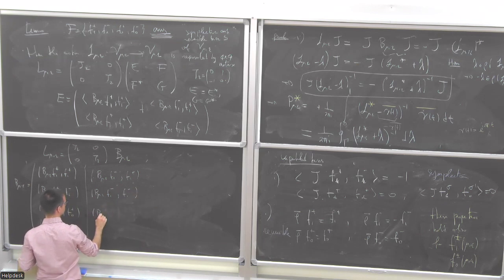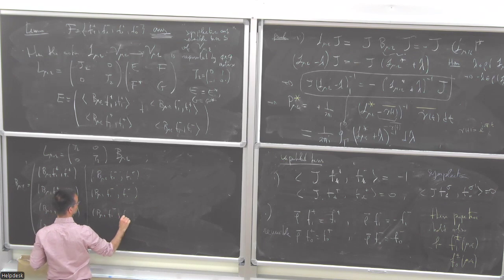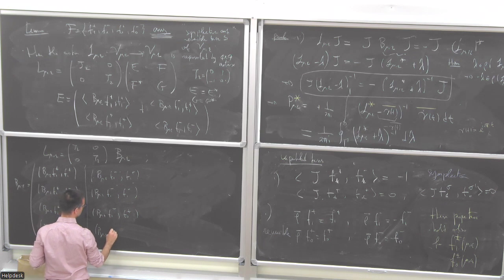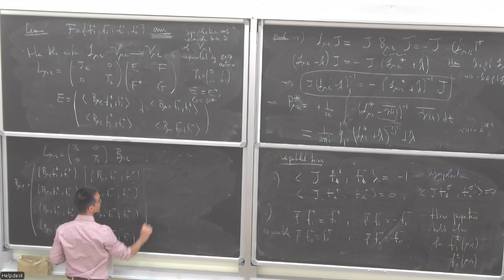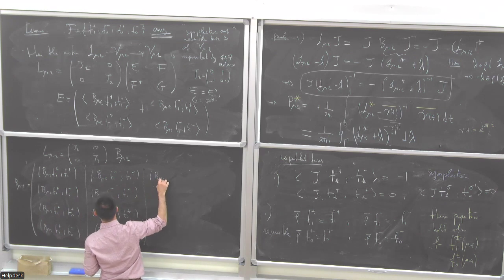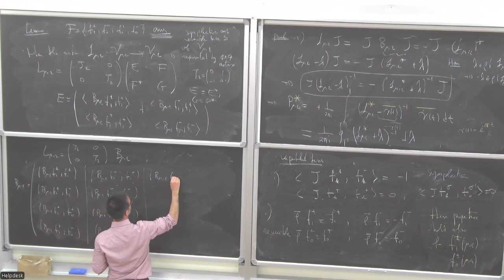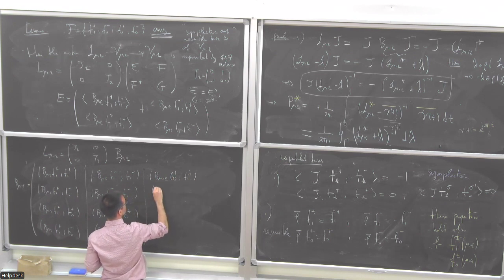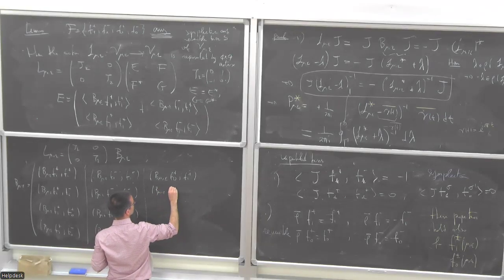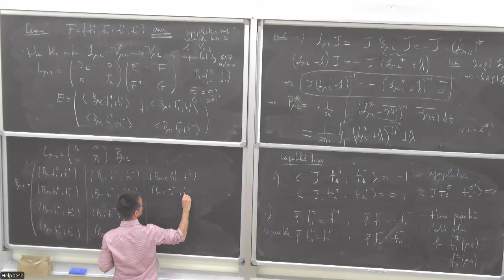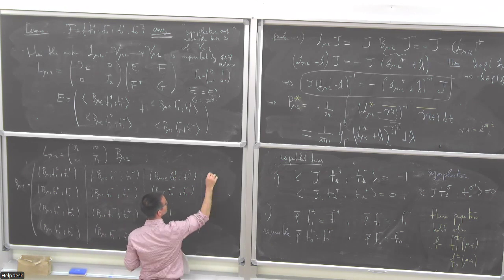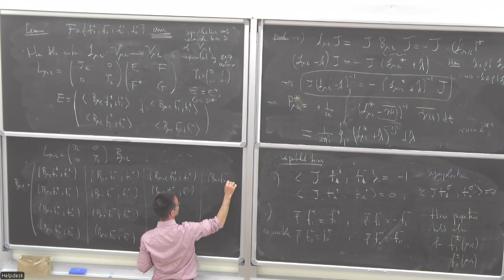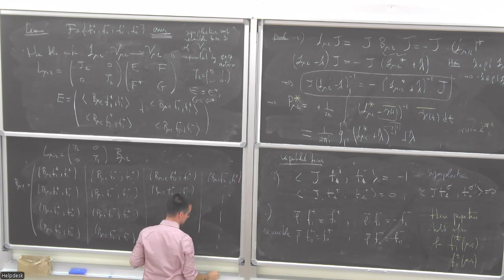Here you have B mu epsilon F1 minus, F0 plus, and here you have B mu epsilon F1 minus, F0 minus. And the third column, and then I stop writing, B mu epsilon F0 plus, F1 plus. And then you understand how it goes on: F0 plus, F1 minus, and so on. And then the last column starts with B mu epsilon F0 minus, F1 plus, and you understand how it goes on.